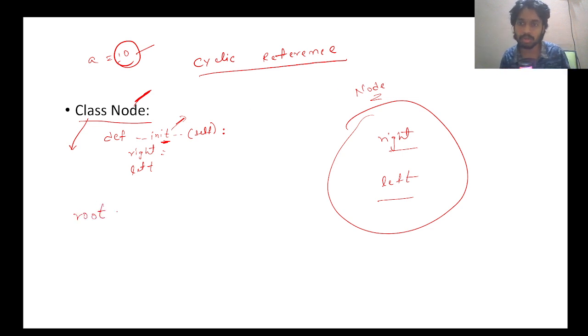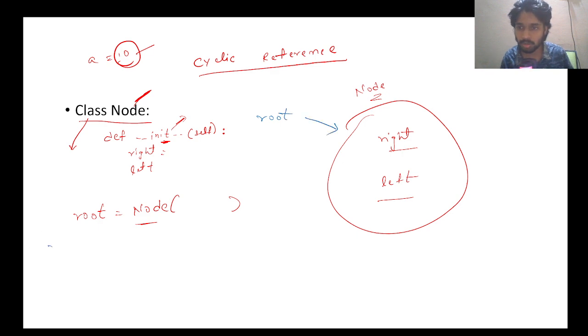So I'm going to point this node to something called root. We need to give values to this. This is nothing but the constructor, like object creation. We will talk about it in object oriented programming, but the only thing we need to understand here is that I'm going to assign root to this object.